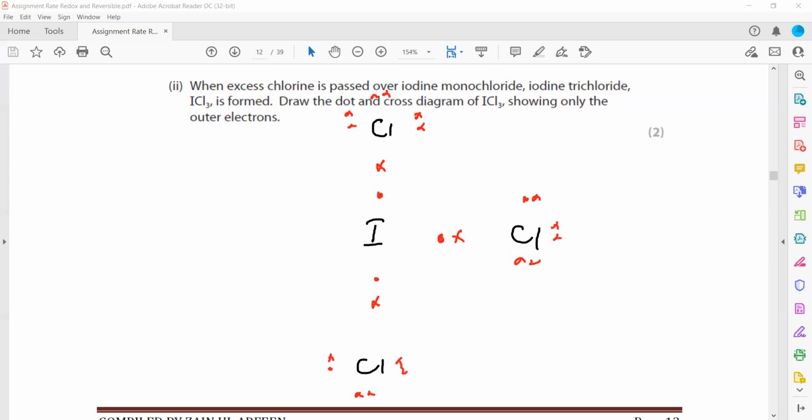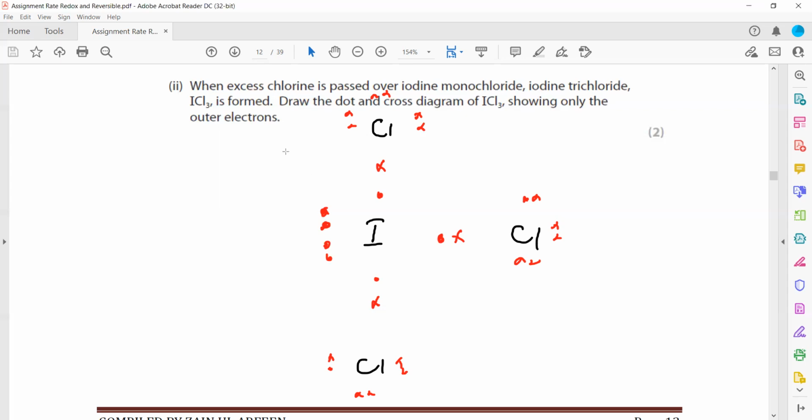Then for iodine, out of 7, it has shared 3. So how many are left? 4 are left. So for this iodine, actually 2 electron pairs are there which are not shared. So you can clearly see that it has adjusted more than 8 electrons.